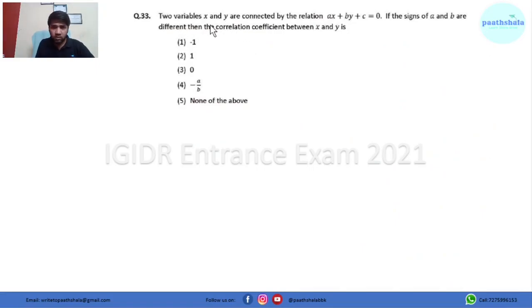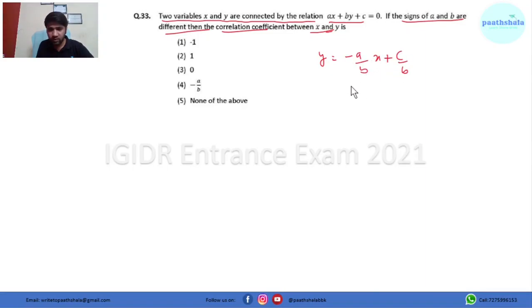This question is a very good question. It is saying that two variables x and y are connected by this relation. If the signs of a and b are different, then find the correlation coefficient between x and y. In order to solve this question, we first have to find the slope of this curve. So this will come out to be y equals minus a by b x plus c by b.